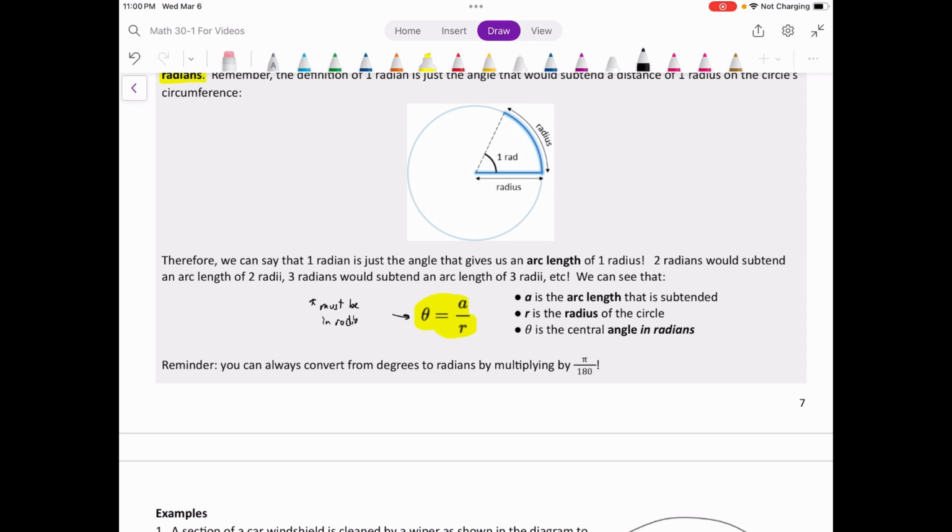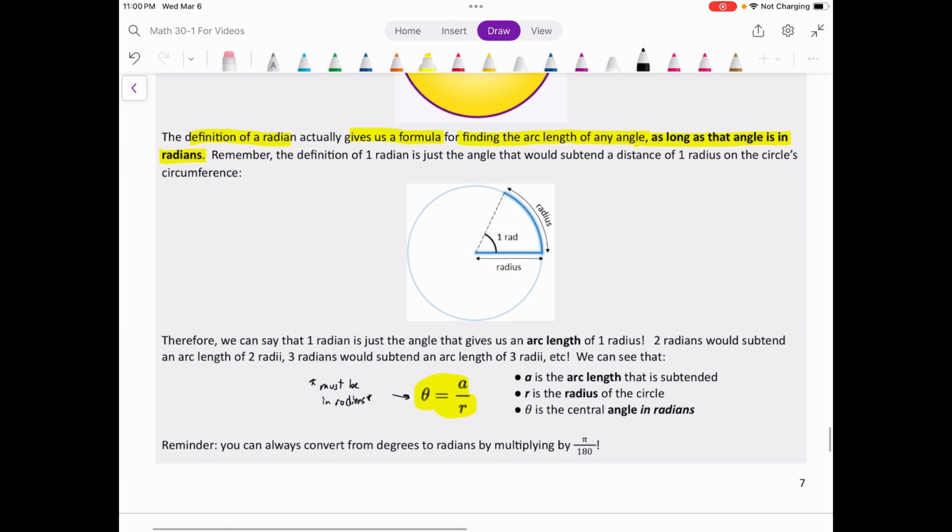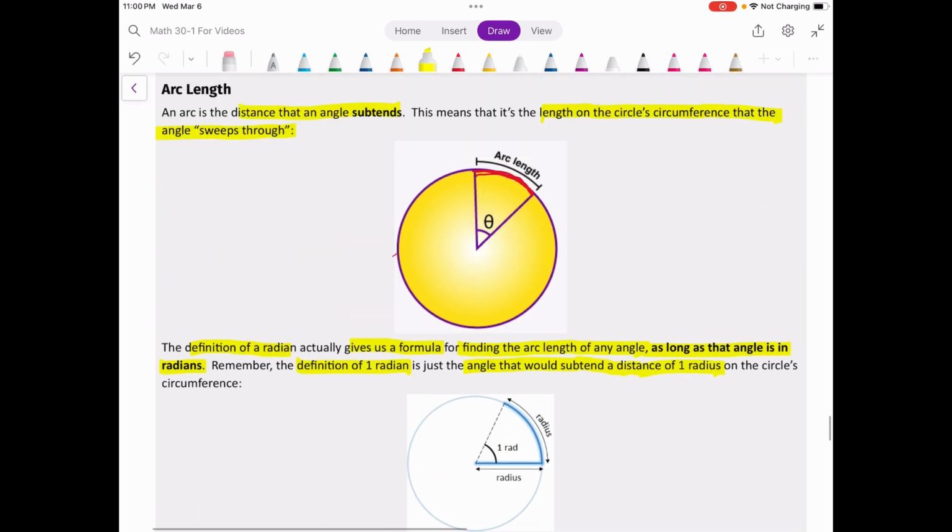Okay, but let's talk about where it comes from and why it really is just using the definition of a radian. So remember, what is the definition of 1 radian? It's just the angle that would subtend an arc of 1 radius, right? If this angle is 1 radian, then this arc would be 1 radius long.